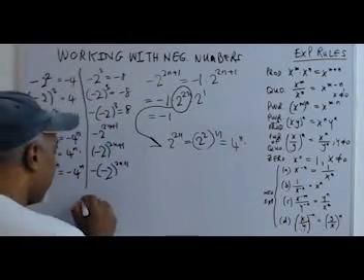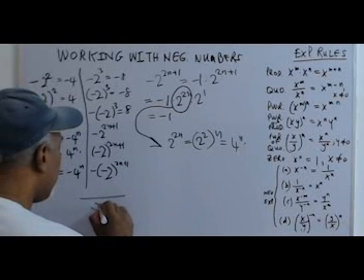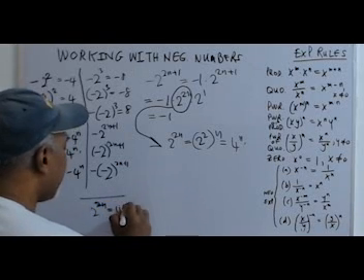Let me write that down here. 2 to the 2n is equal to 4 to the n.